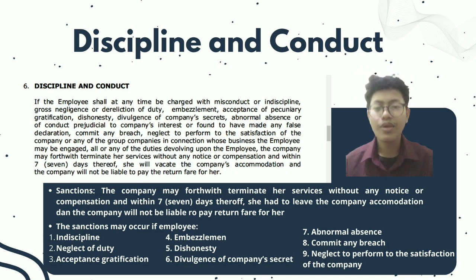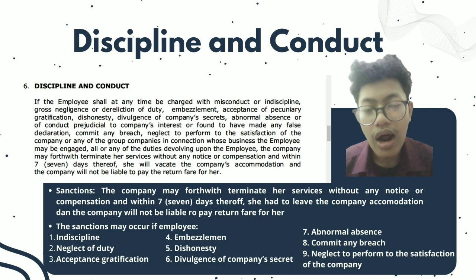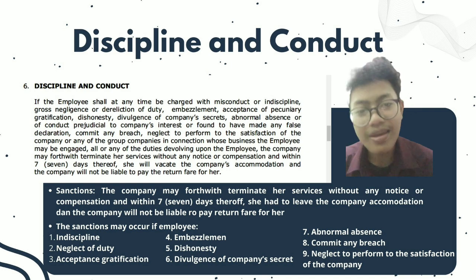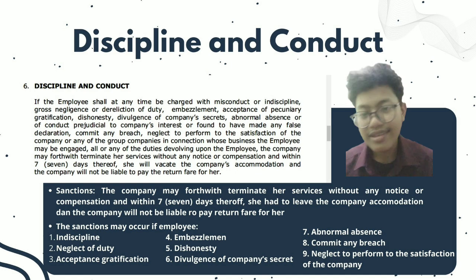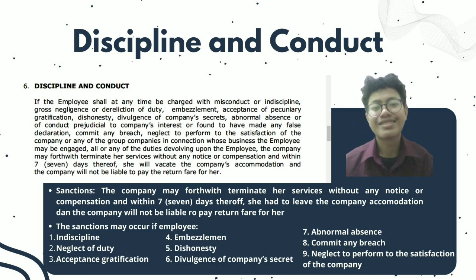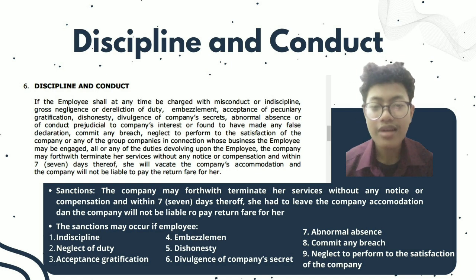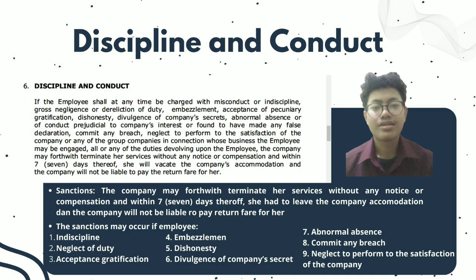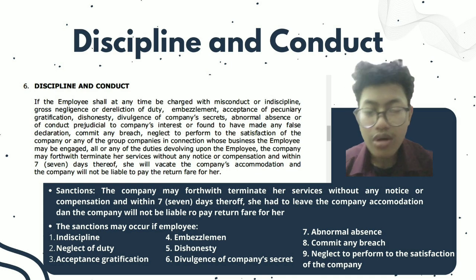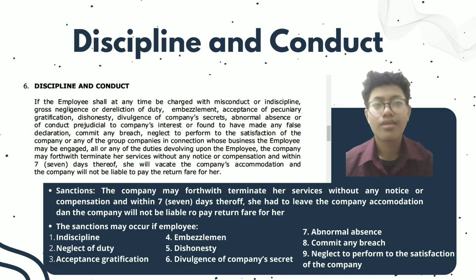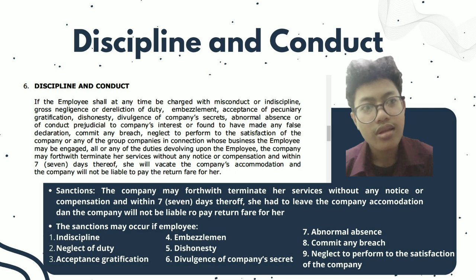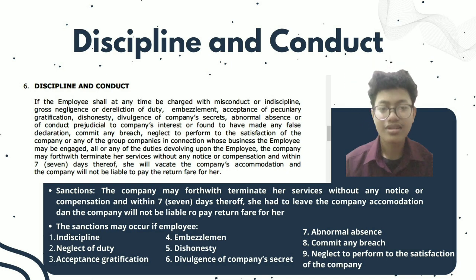The sanction if the employee violates these rules is that the company will terminate the employee without notice, and the employee within 7 days must leave the company facilities and will not be provided with travel expense return.